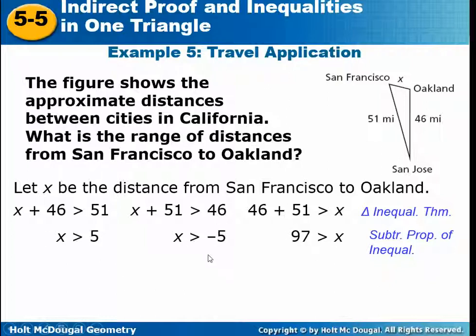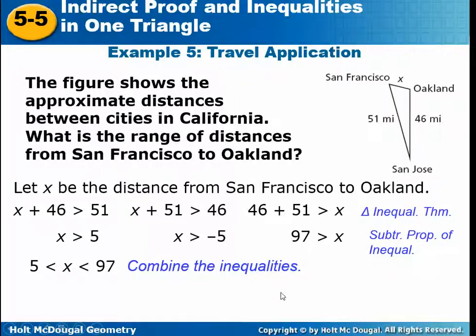I don't know why all three examples I've done have been that. So again, we need x is greater than 5, and 97 is greater than x, or x is less than 97, and then we can combine it, if you want, into 5 is less than x is less than 97. In other words, x is between 5 and 97. That's our range. Can't be 5, can't be 97, but it can be between those two numbers.